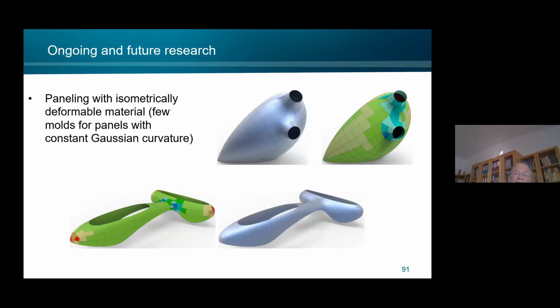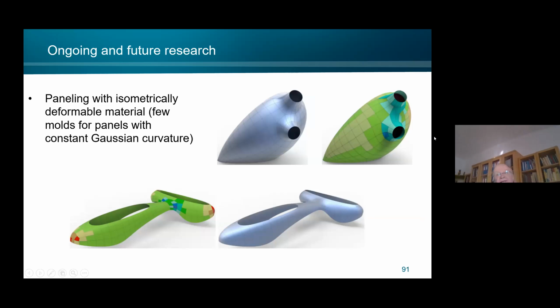So our ongoing work goes into various directions. I just mentioned two. We are currently investigating paneling with isometrically deformable materials, like sheet metal. And there it turns out that you can achieve quite a lot just with a few molds for panels which possess constant Gaussian curvature.